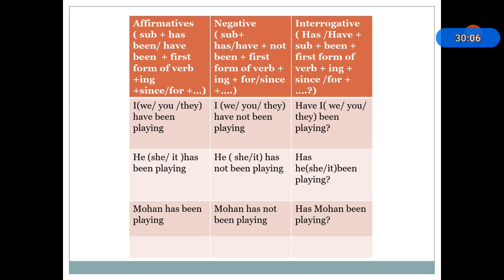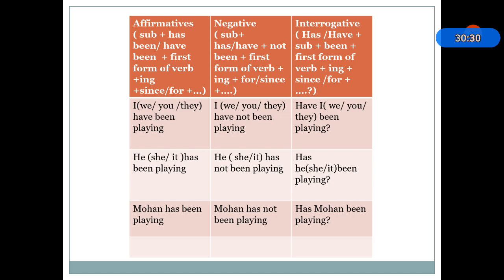Now the next is interrogative sentences. Now let's see the rule of framing this perfect continuous tense in interrogative form. The rule is has or have plus subject plus been plus first form of verb, and in the first form you add ing, plus since or for plus object.